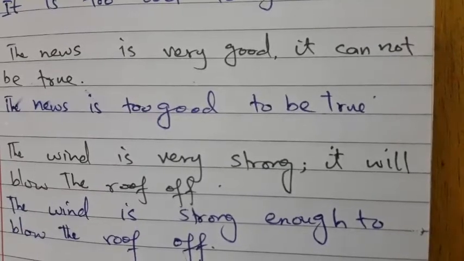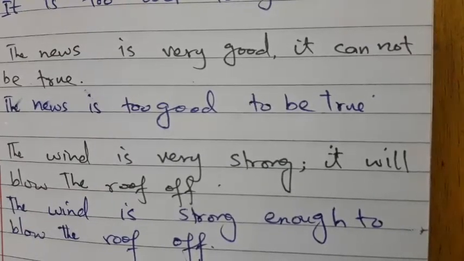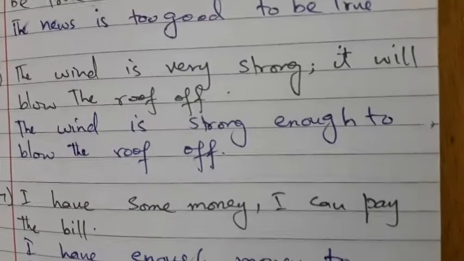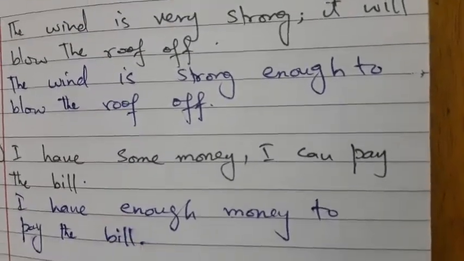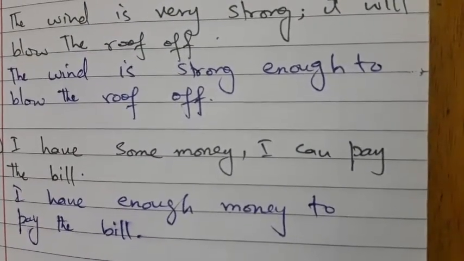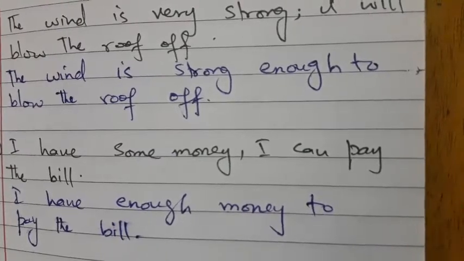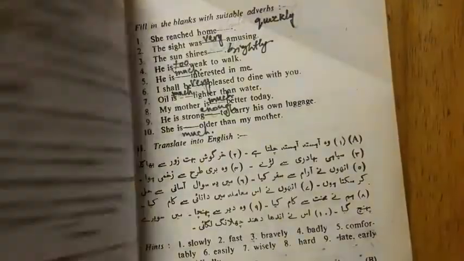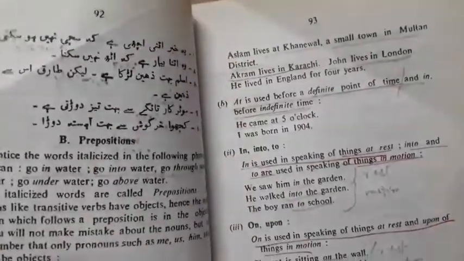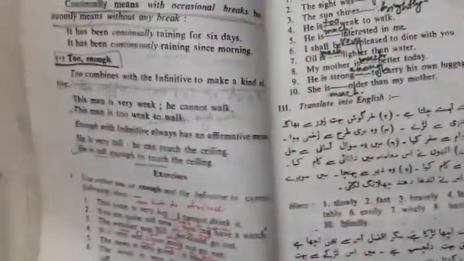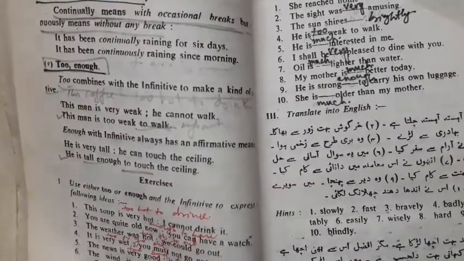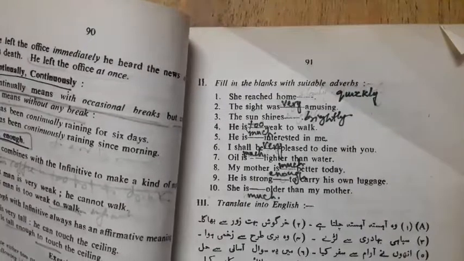So: the wind is strong enough to blow the roof off. I have some money. I can pay the bill. So it will be: I have enough money to pay the bill. The rest of the three sentences are left, and students, you can do them by yourself and write them down in your copies.